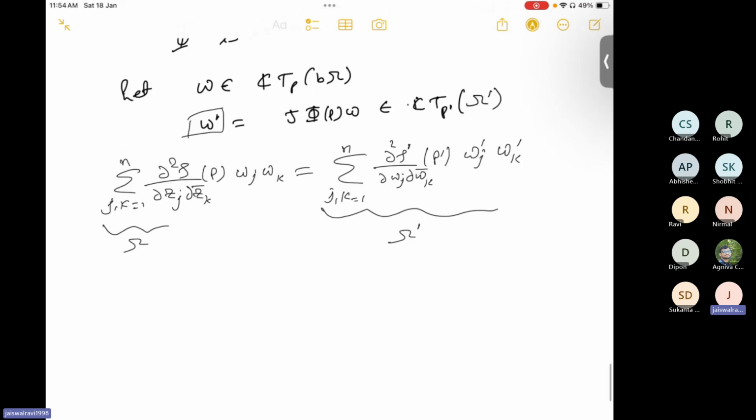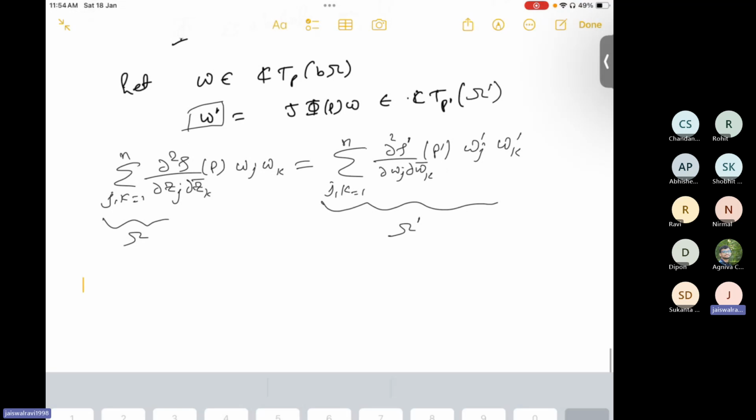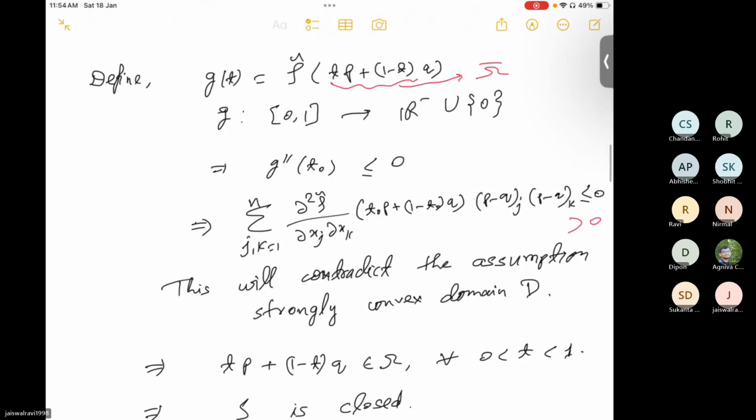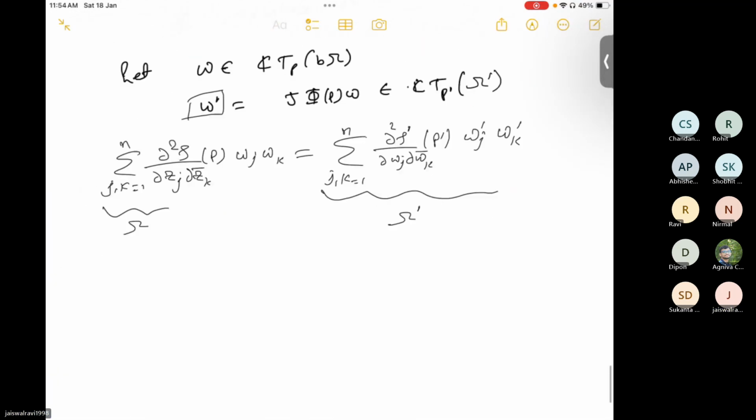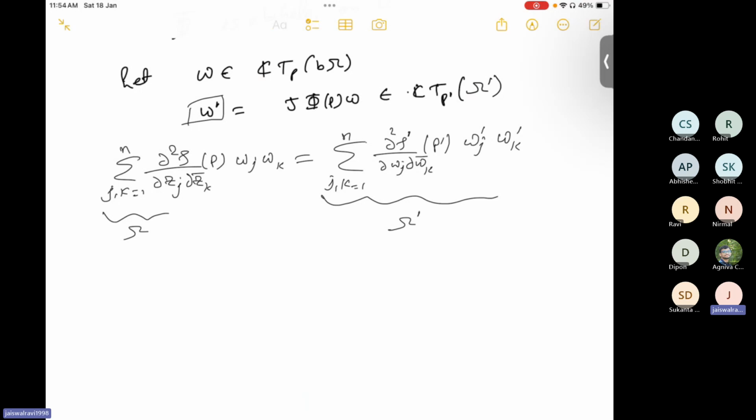But if you look at the first expression, something like the sum over j,k from 1 to n of the second derivative of rho with respect to zj and zk, times wj wk.